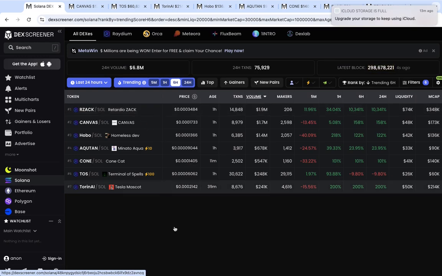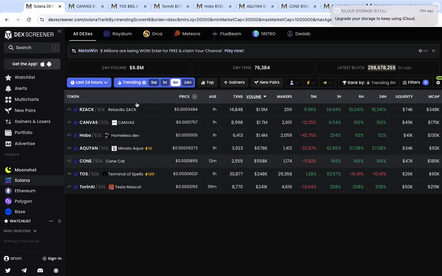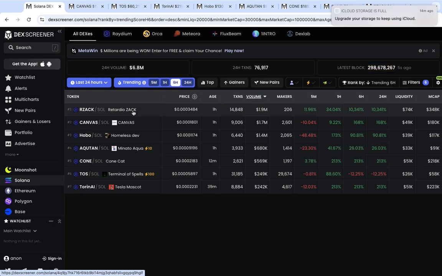So the more you guys are in these trenches, the more you are active investing in meme coins, you're going to know what's going to be popping. You're going to know the meta. The meta is just basically the topic and the niche of meme coins that are doing very well at a particular time. So this is one of the reasons why, just from the name, I'm able to know that this is not going to go anywhere.